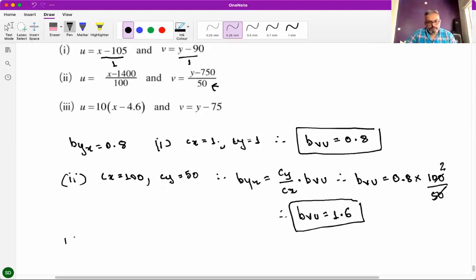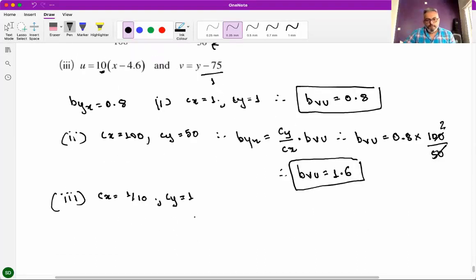Third one. Now over here 10 is given in the numerator, so C of x is equal to 1 upon 10, and here nothing is given, so upon 1, so C of y is equal to 1. Now b y on x is equal to C of y upon C of x into b v on u.